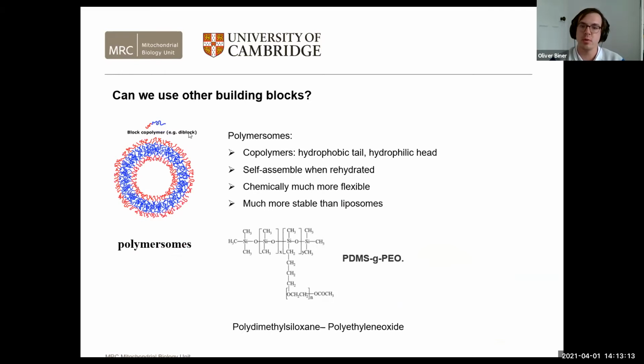However, they are chemically much more flexible, so you can change the functional groups of these polymers, and they have also been shown to be much more stable than liposomes. For instance, one copolymer that is used quite often is called PDMS-g-PEO, where the polydimethylsiloxane makes up the hydrophobic part of the molecule, and the PEO, the polyethylene oxide, is the hydrophilic part of this amphiphile.